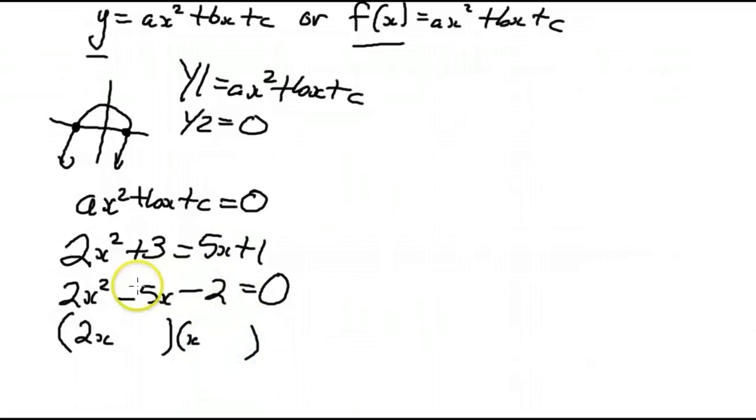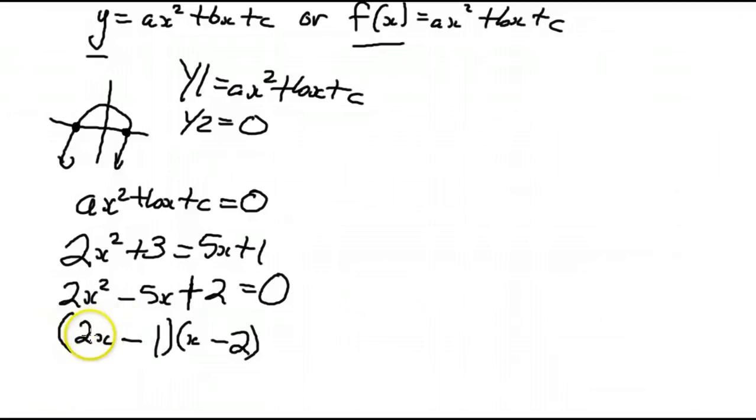I need two numbers that are going to multiply to negative 2 and give me a negative 5 here. So if I put a negative 2 here, oh, sorry, wait, this is plus 2. Right, we're going to subtract 1 from both sides. I was kind of wondering why this wouldn't factor. So this will be a minus 2 and a minus 1.